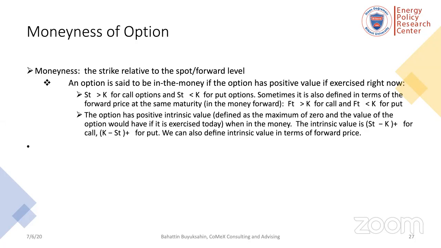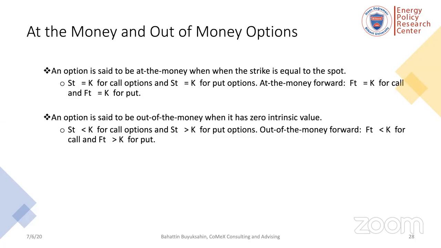The option has positive intrinsic value, defined as the maximum of 0 and the value of option would have if it is exercised today when in the money. The intrinsic value is just ST minus K for the call, where K is the strike price, and K minus spot price for the put option. Of course, you can also define an intrinsic value in terms of forward price. So there is not much difference on that one also.